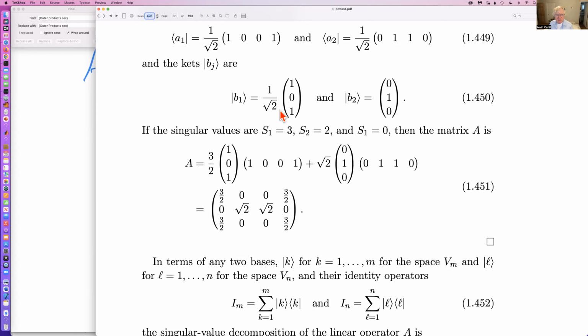That's funny, I'm a little puzzled as to how square root of 2 went to 2. Anyway, plus this, and that gives you that.